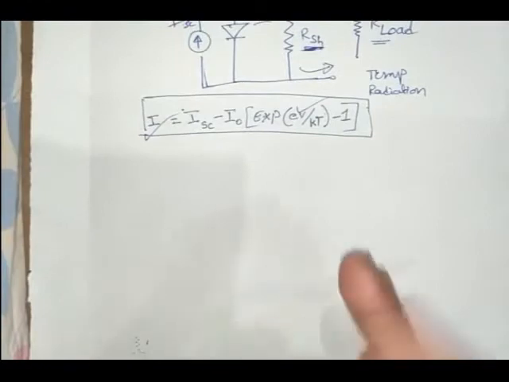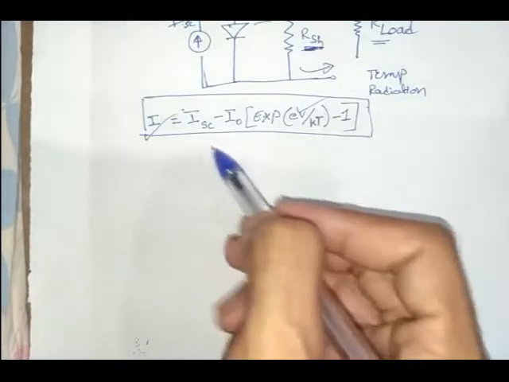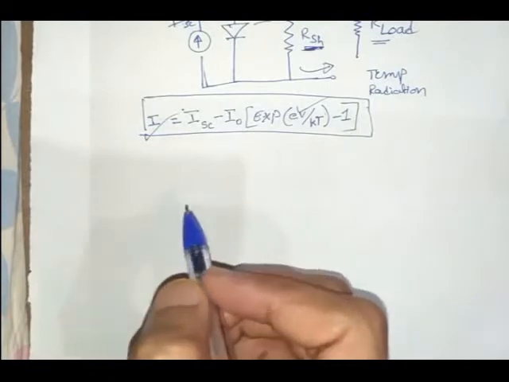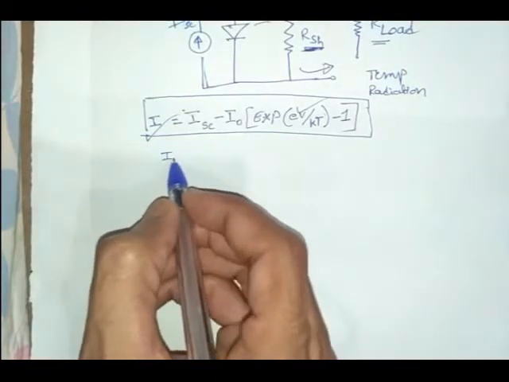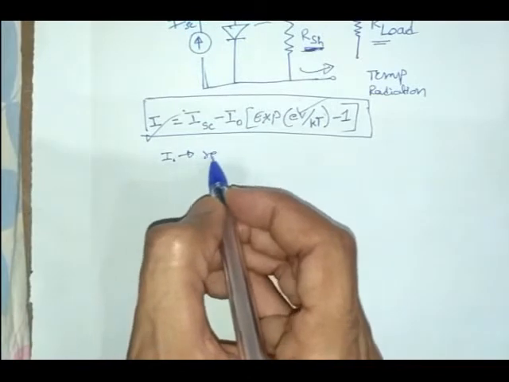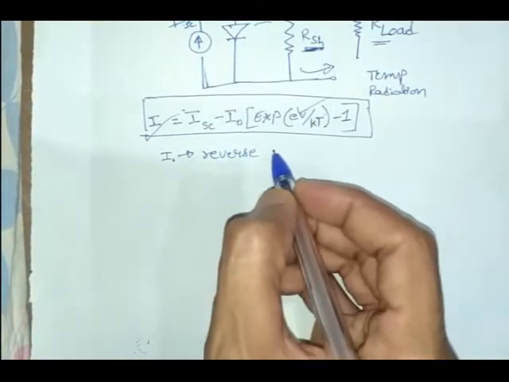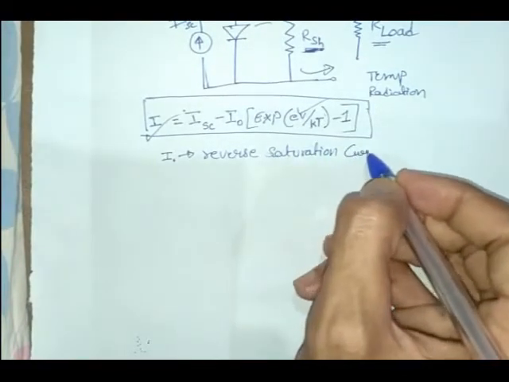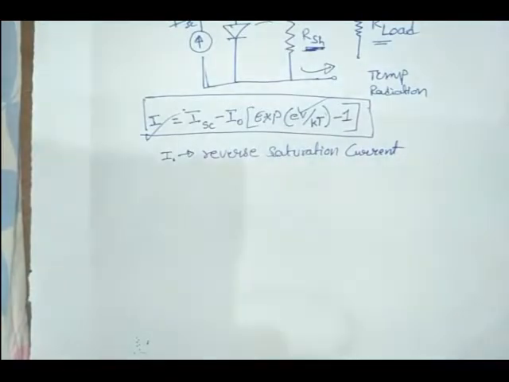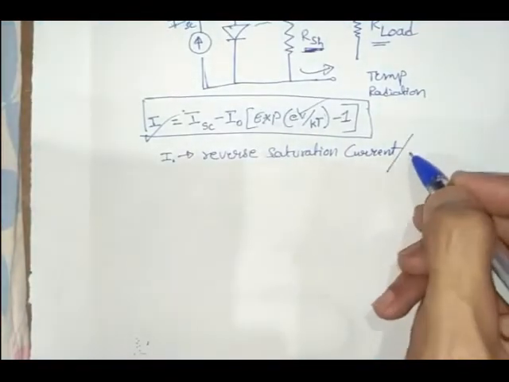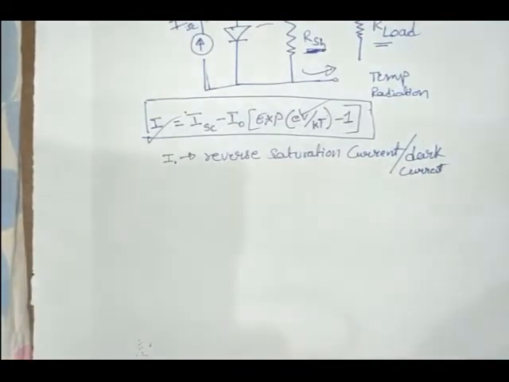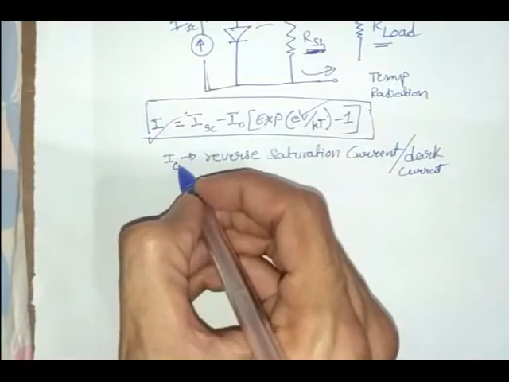Then what are these terms, I naught, ISC? I will just explain these now. I naught is the reverse saturation current, also called the dark current.